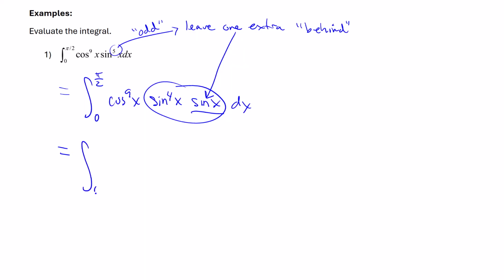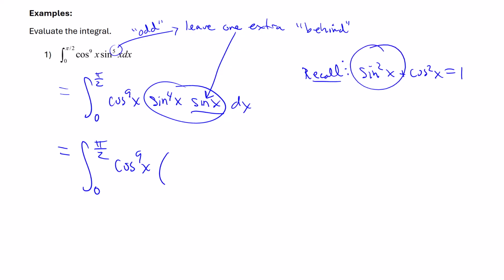Let's keep going. So we want to go from 0 to pi over 2. That's what we're working on. Again, I'm going to leave the cosine alone for now: cosine to the 9th of x. And then instead of writing sine to the 4th of x, which is part of what I broke apart, I'm going to rewrite that in a more useful form, because recall from above our Pythagorean identity: sine squared x plus cosine squared of x equals 1, which means I can do some simple algebra.